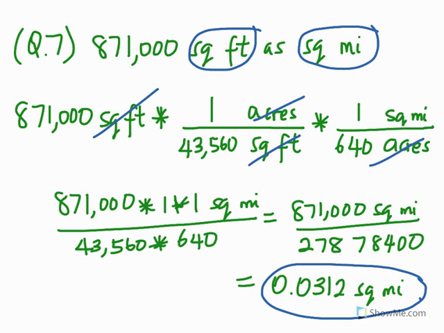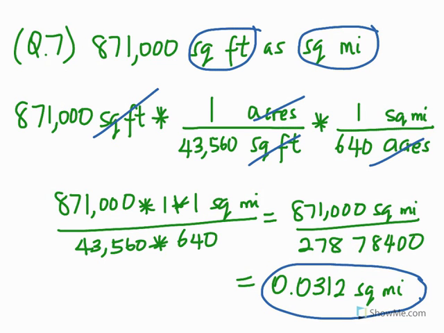Now, we have done this with the unity fraction method. We can still do this with the method of proportions. But if you're using the method of proportions, you will do it 2 times. You will do it first with square feet and acres, then you get how many acres. Then you do acres and square miles.